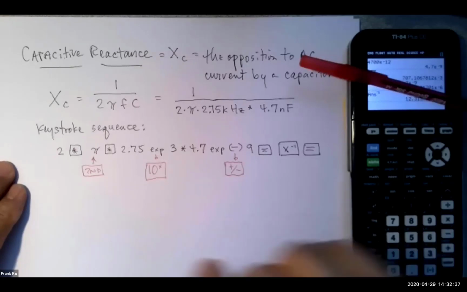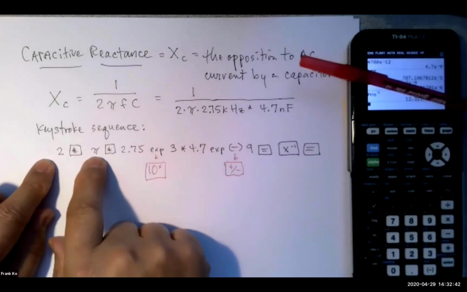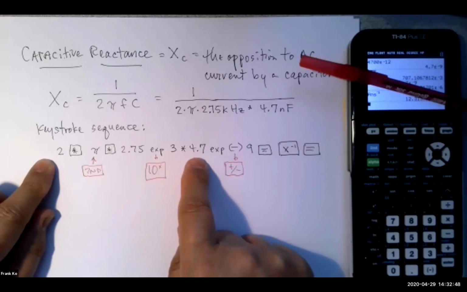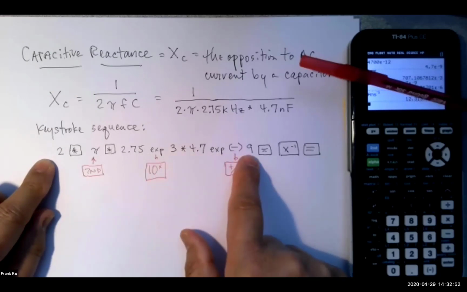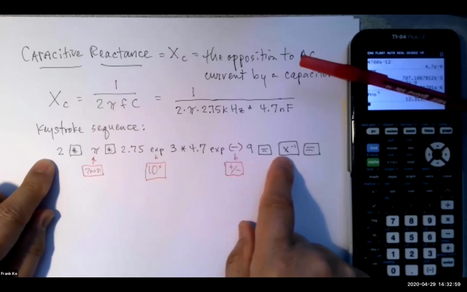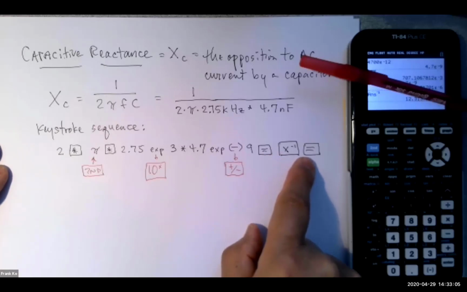Review your calculation. These steps, I think I wrote them down correctly. 2 times pi times the 2.75 kilo times the 4.7 exponent -9, hit equals, and then hit reciprocal, because it should automatically reciprocal your last answer, hit equals again.